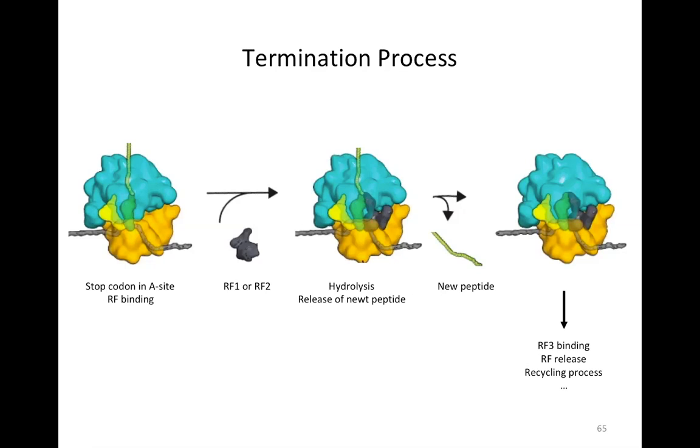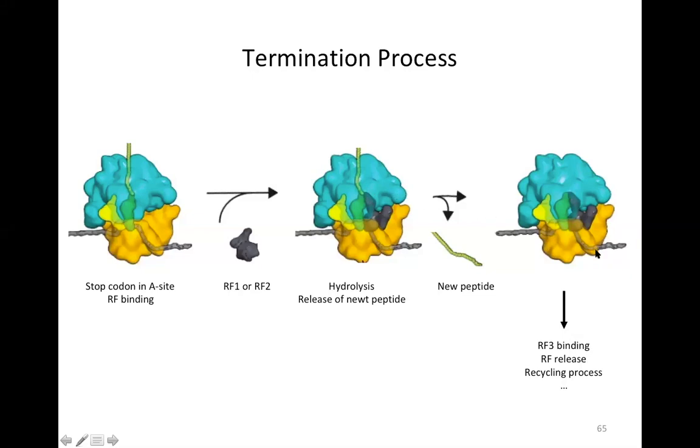This is, in the bacterial case, either RF1 or RF2. So either RF1 or RF2 bind at the stop codon, and then they have to reach the peptidyl transferase center to release the new peptide.